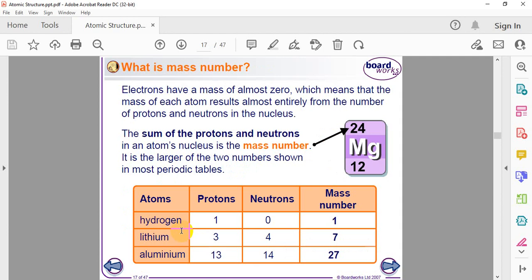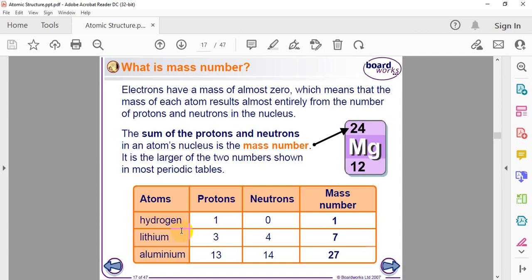Electrons have a mass of almost 0, which means that the mass of each atom results almost entirely from the number of protons and neutrons in the nucleus. The mass of an electron is 1/1840, which is very negligible. Why?